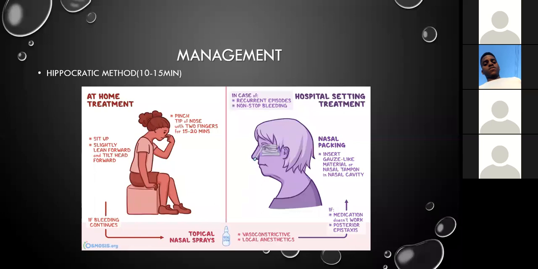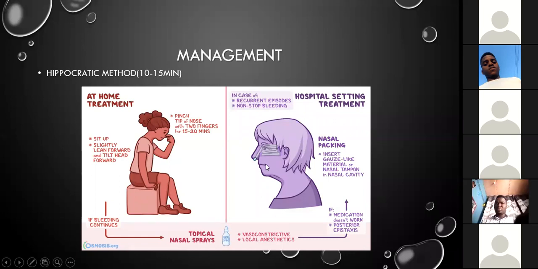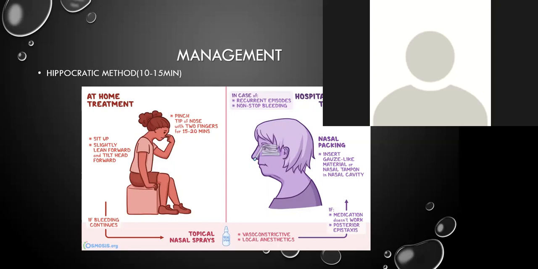For example, you may have to get the sphenopalatine, which you may not be able to do. So for the cases where even with packing the patient is not improving, you need to refer them to the nearest ENT so that they can find a way forward for the patient. And also depending on what you got from your examination findings, if you find that they have other bleeding disorders, these are patients that you may need to refer to the physician.